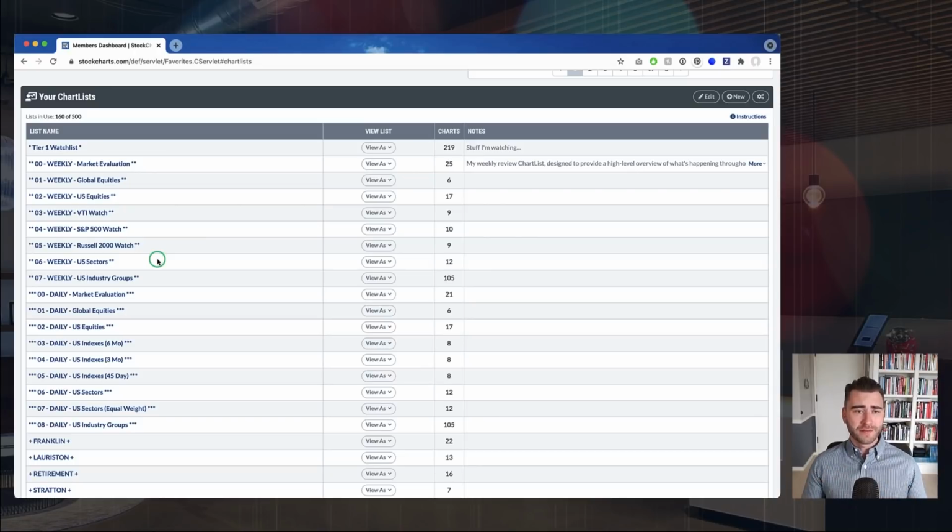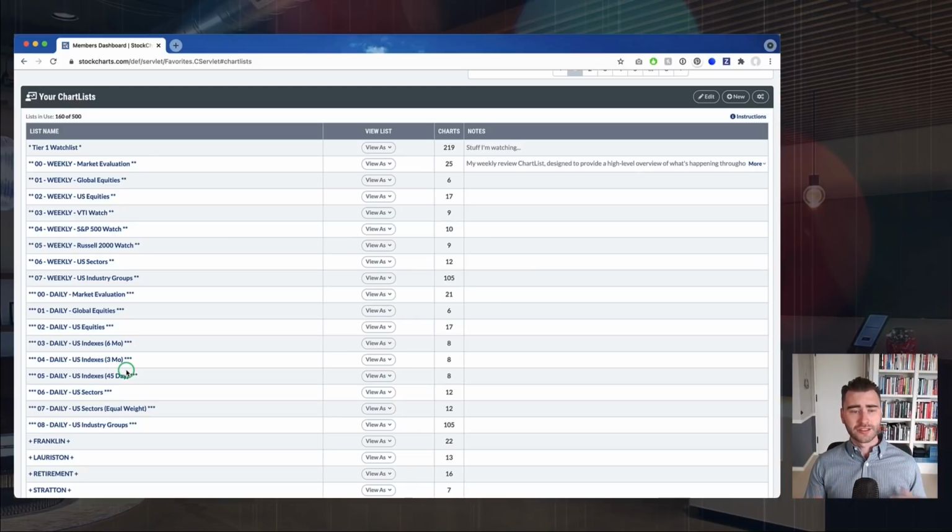Now, the other benefit of creating some of these index lists to help you start to track some of these is that you can actually run scans on those lists. You can create alerts for the indexes on those lists. So we covered that in the last couple episodes of the show. In last week's show, we talked a lot about how to create a chart list for your portfolio and then set alerts for that, for whatever technical criteria you want to bring in.